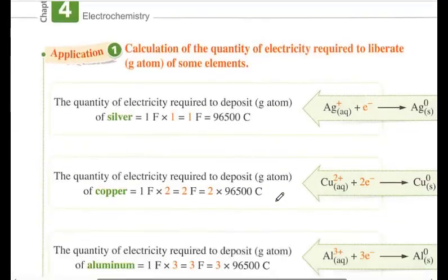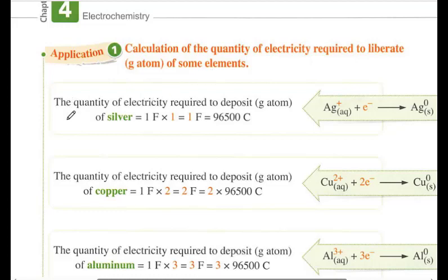So here we want to make some applications: the calculations of quantity of electricity required to liberate the atomic mass of some common substances, which we will use in calculations of a lot of problems.